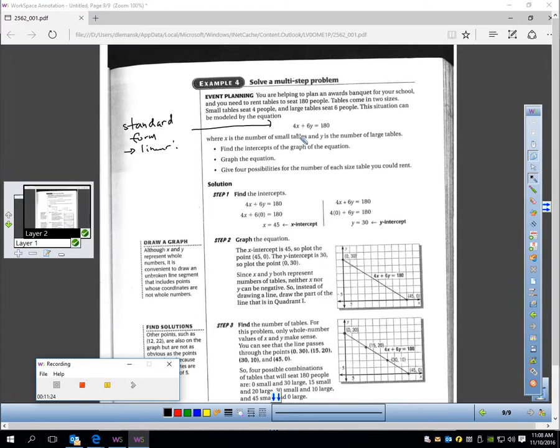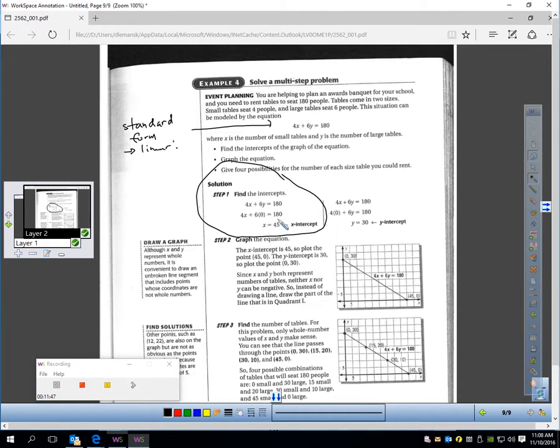They will ask you to do some word problems and graph them using intercepts. So let's try this problem. Do you notice this problem here? First of all, this is standard form, which means it's linear, which means it's a straight line graph. Let's use our intercepts to graph this. Here's the x-intercept.